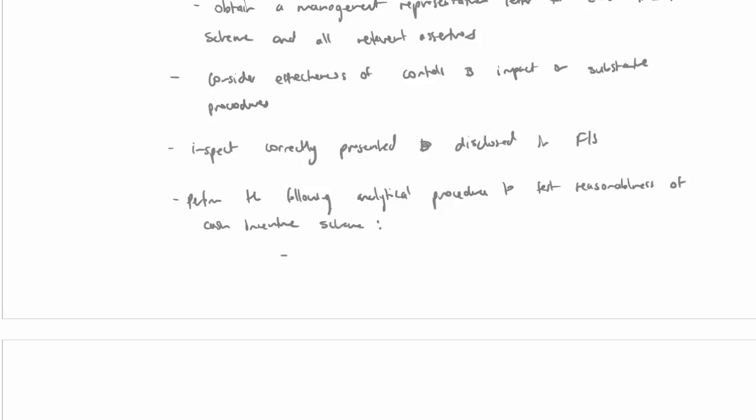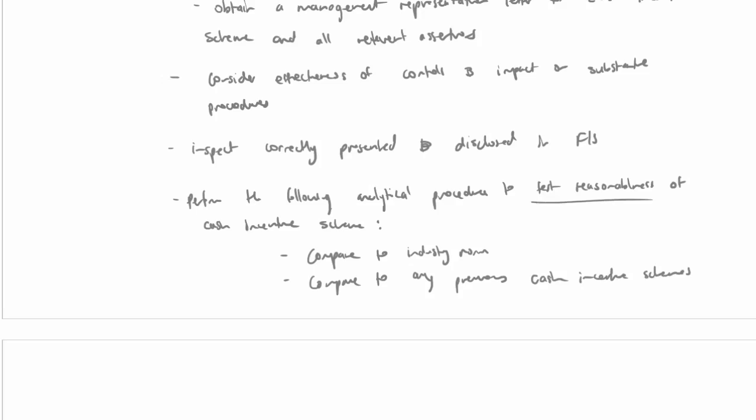And because it wasn't something that was done in the prior year, I can't compare prior to current year, so I'm going to say compare to an industry norm, or I could say compare to any previous cash incentive schemes. And the reason I'm doing this is to test whether it's reasonable or not.